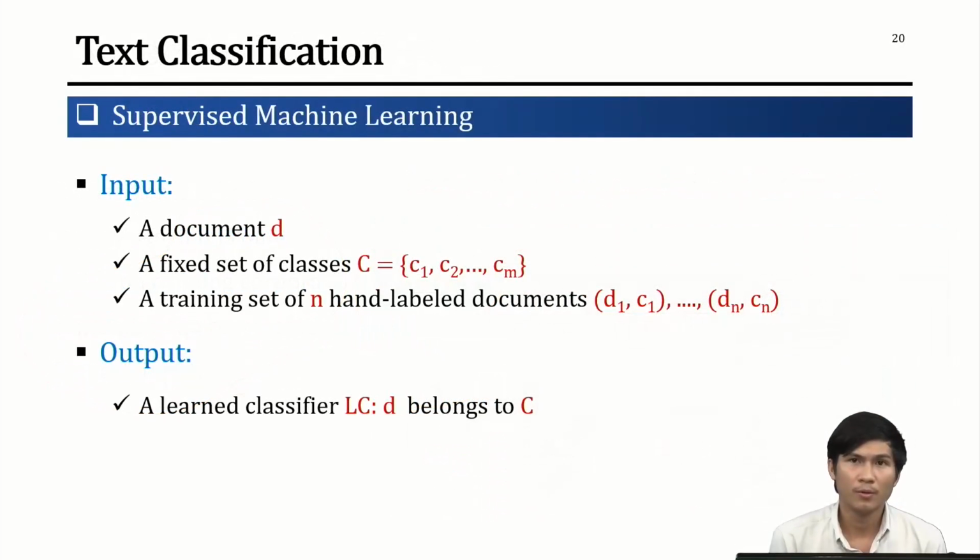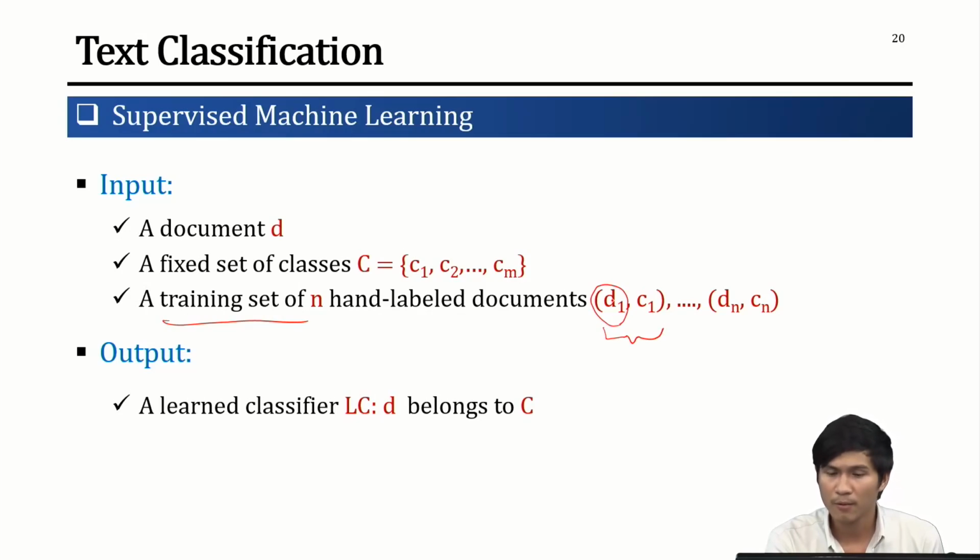And here is an overview of supervised machine learning. We have the input and the output. The input is a training set for which we know the corresponding label. We call them documents: D1, document 1, has a corresponding class label, and we have many documents.